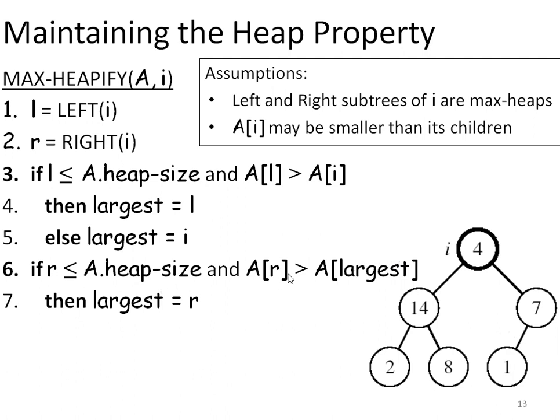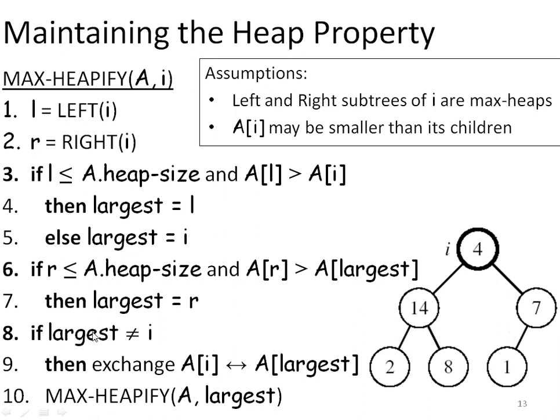If these two conditions are satisfied, then we update largest to R at line number 7. So from line number 3 to 7, we have simply identified the largest value among these three values. That's it. Once we have identified the largest value, we check if largest is not equal to I, then we exchange A[I] with A[largest].